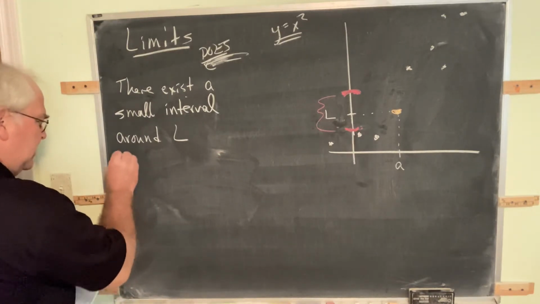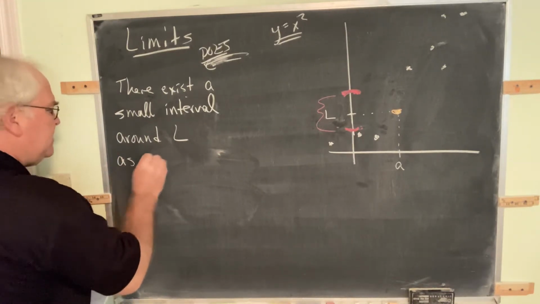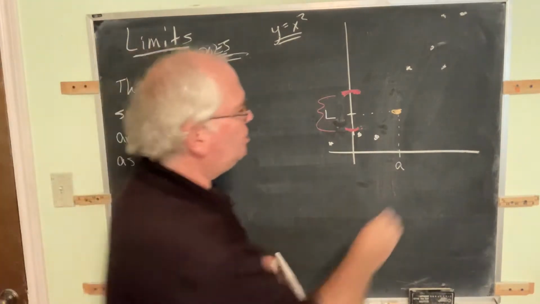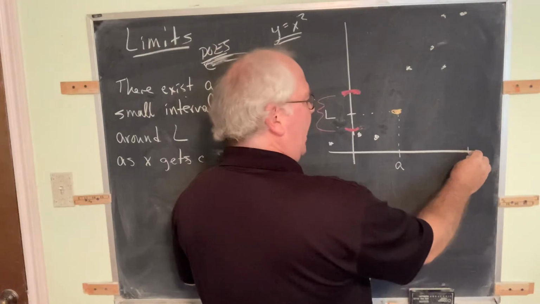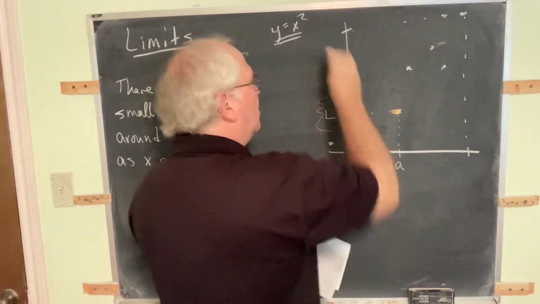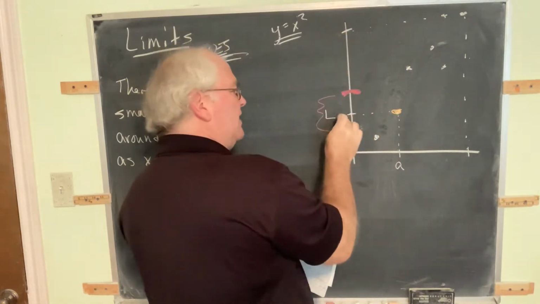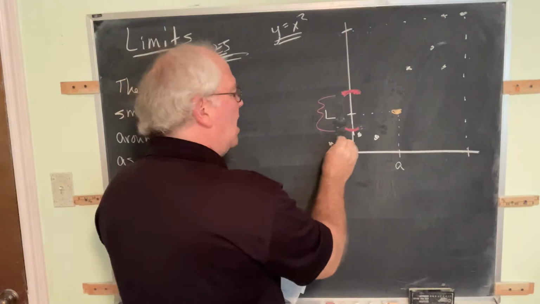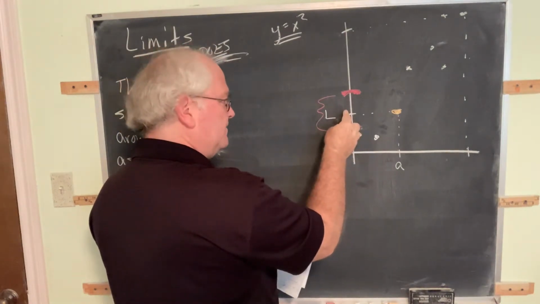We're saying this: as X gets close enough. Now look, if I choose an X that's very far away from A, we know the function value is not going to be in that interval.